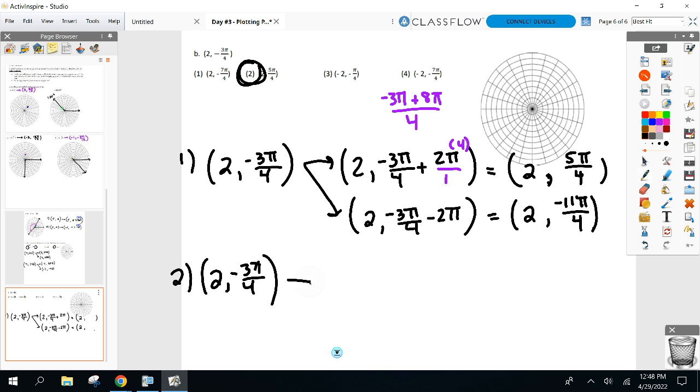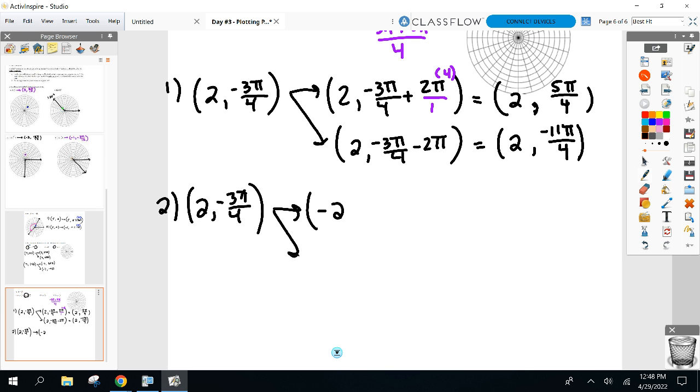So if I change this bad boy to negative 2, what are you going to add and subtract now? 180, aka pi if it's in radians. Plus pi, minus pi. What's still your common denominator? 4, yeah, but it's not going to be 8 pi. It's going to be 4 pi when you multiply.